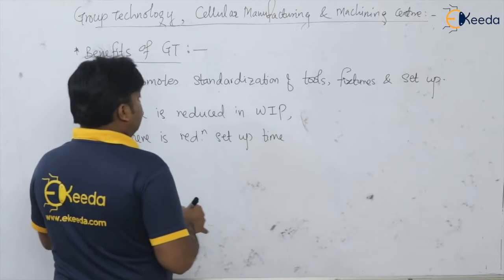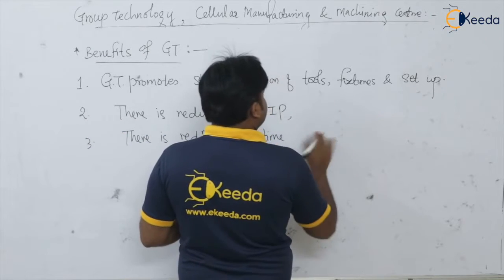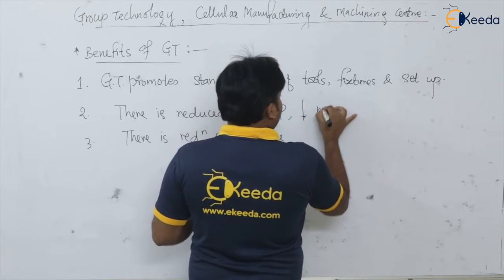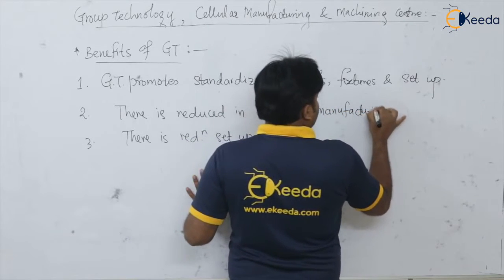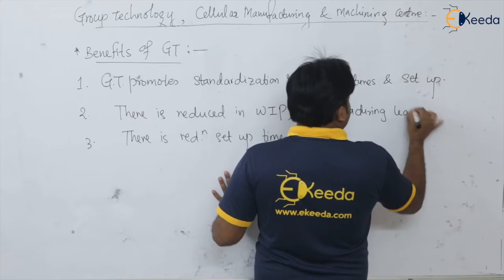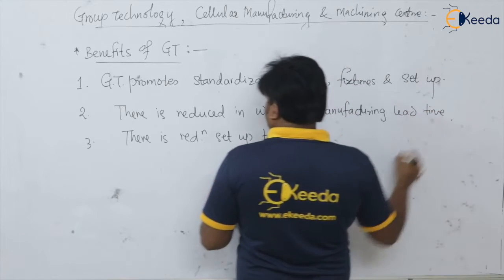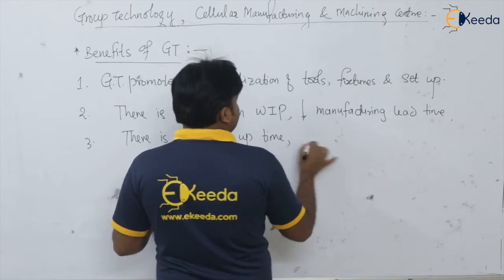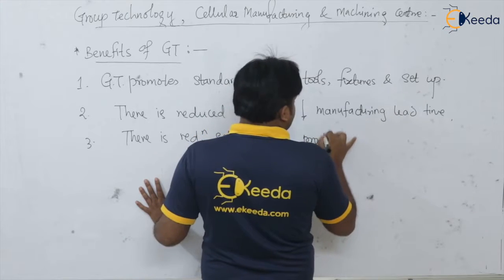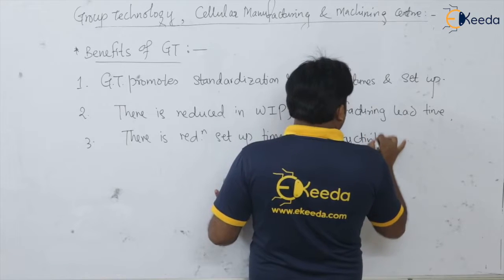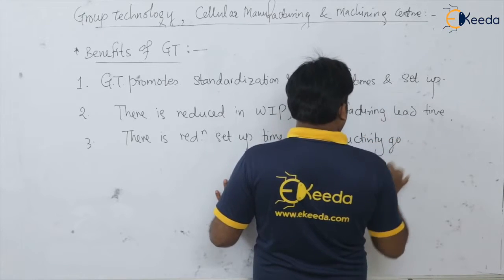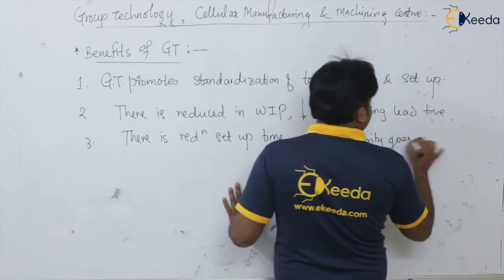So when there is a reduction in the WIPs, there will be a reduction in manufacturing lead time, and there is a reduction in setup time, so the productivity or the production goes on increasing, isn't it?